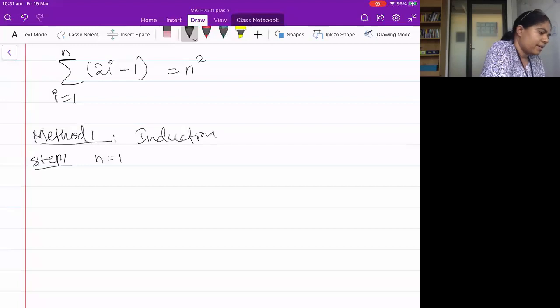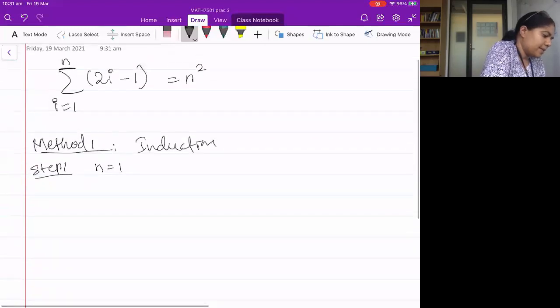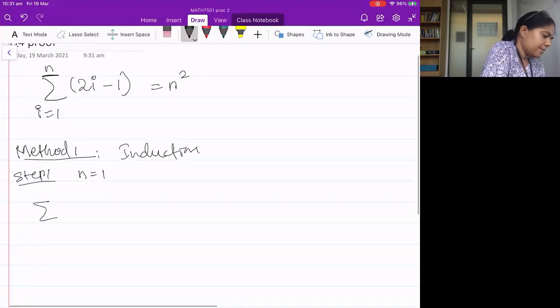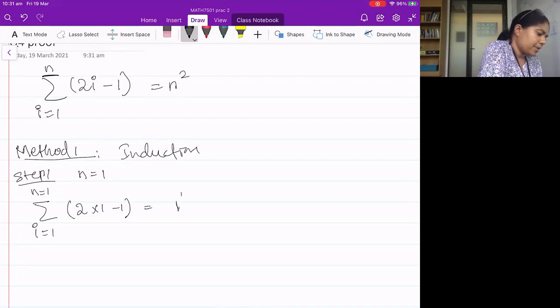Okay, that is the sum, i goes from 1, n equals 1, that is 2 times 1 minus 1, which is equal to, is that equal to 1 squared?